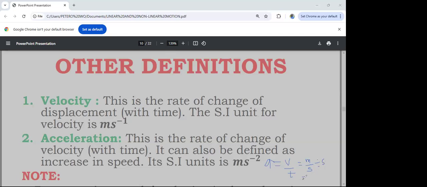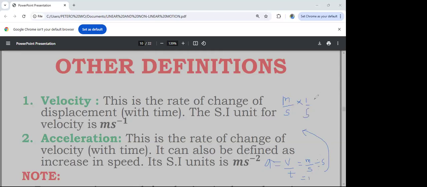Let me write it up here. It's the same as having meters per second, and now we multiply by the reciprocal because we are exchanging the division sign with the multiplication sign.